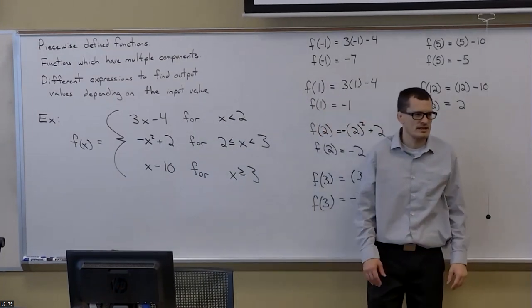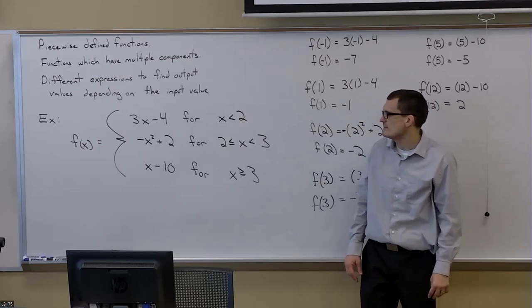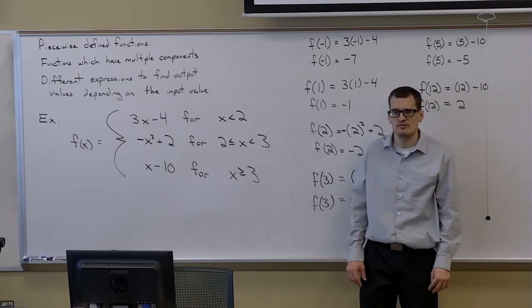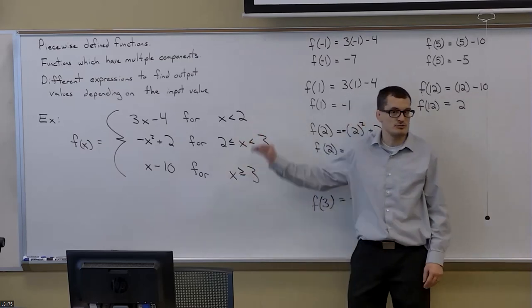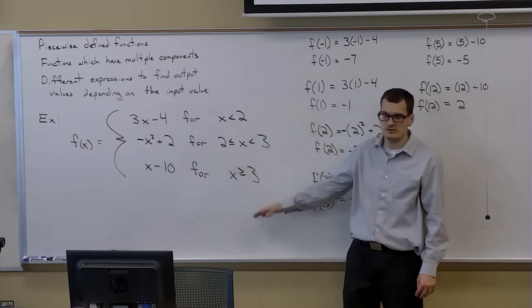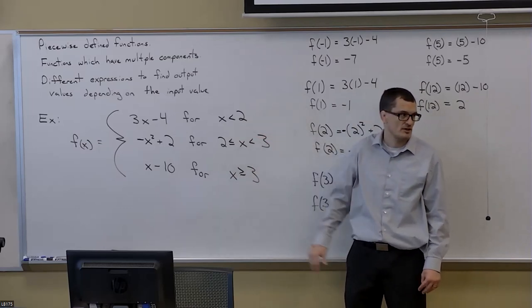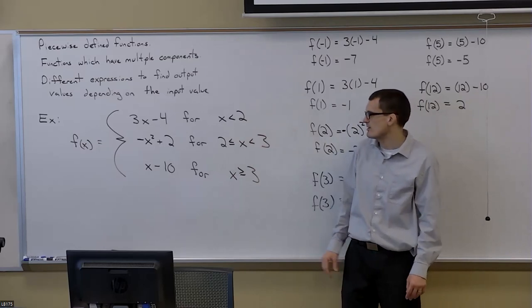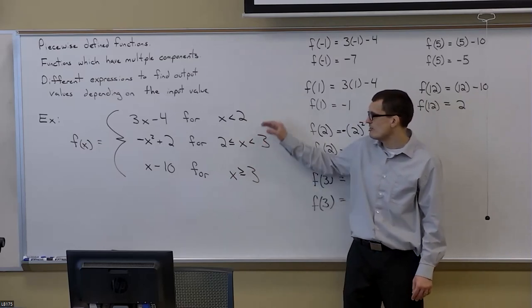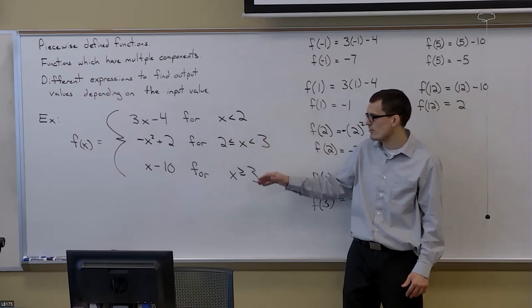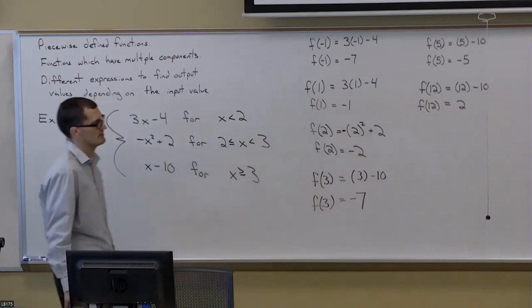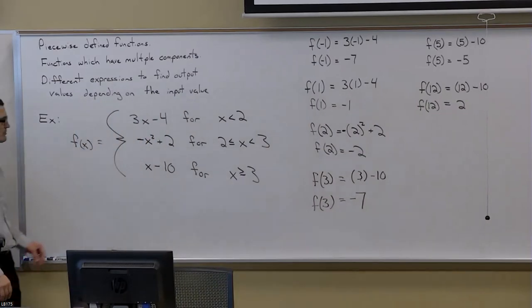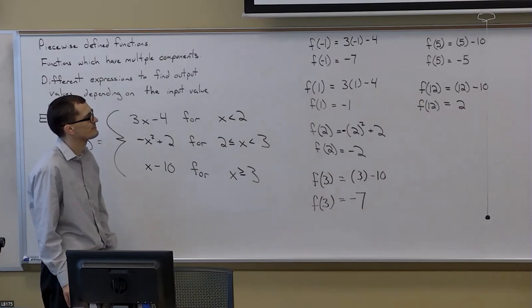We'll get into that very quickly here, but hopefully this is fairly straightforward. By the way, this doesn't always have to have 3 sections. It can have 2 sections, or it can have 4 pieces for your outputs, whatever number you want. You can have 2, 3, 4, however many expressions you want for your outputs, that's fine. Okay, all of those are piecewise defined functions.